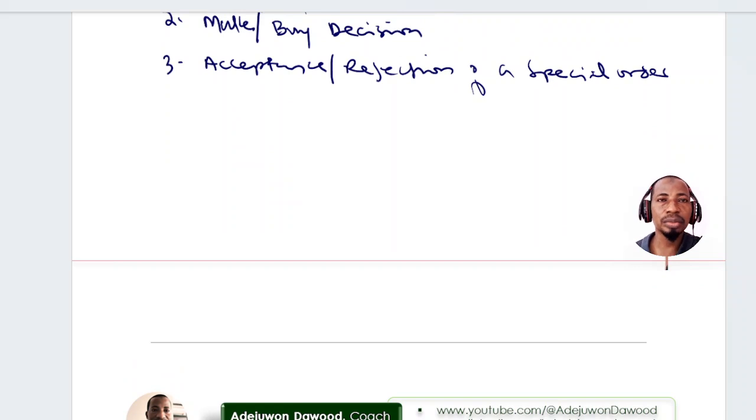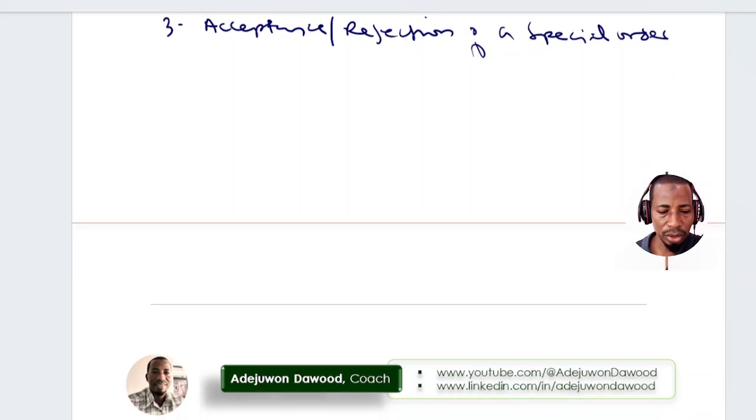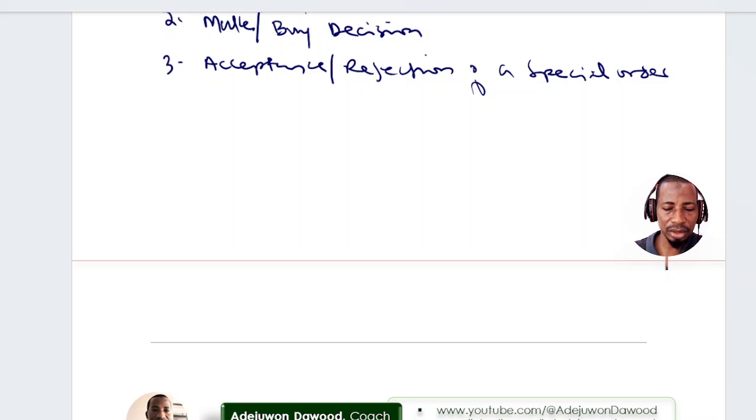Management may want to know whether a one-off order should be accepted or rejected. The decision will depend on whether the special order will result in additional profit or loss to the organization. Again, we are going to discuss this separately as we go on during the course of this class.